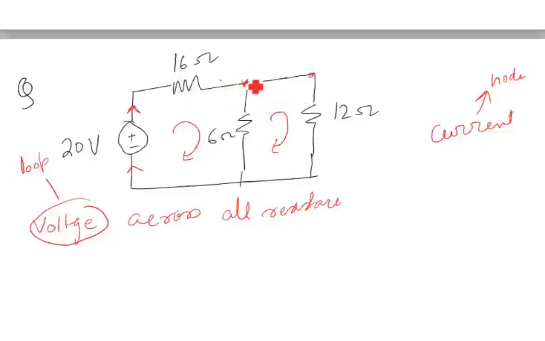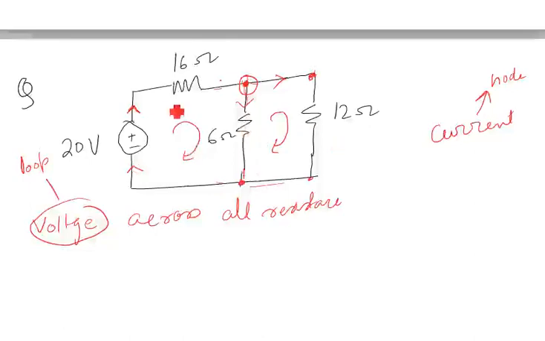At this point, one is this path, the other is this path. At this point, no new path, the same path continues, but at this point you get a new path. So always go for new paths.